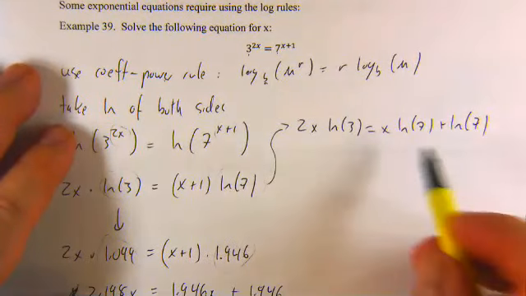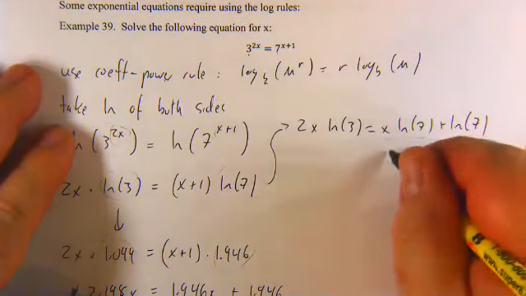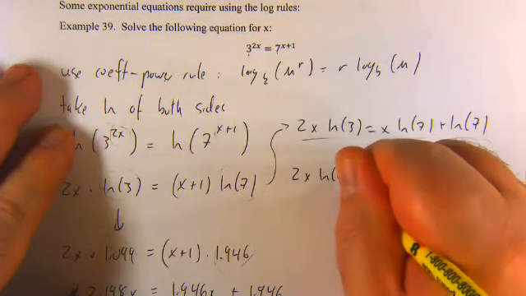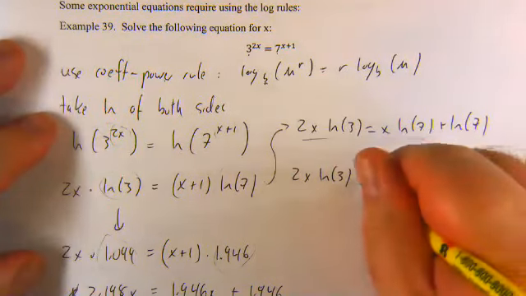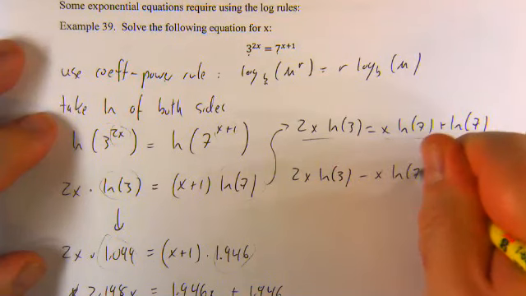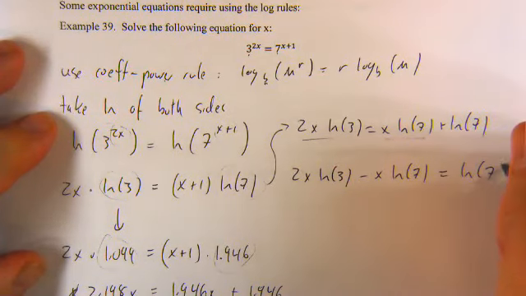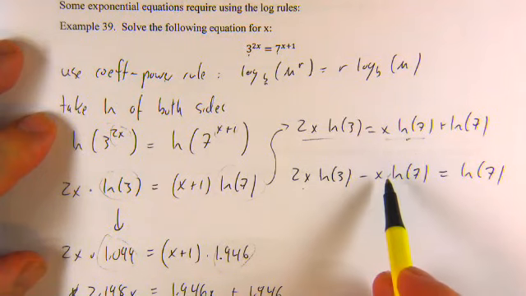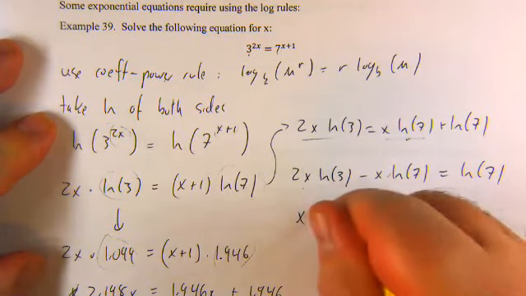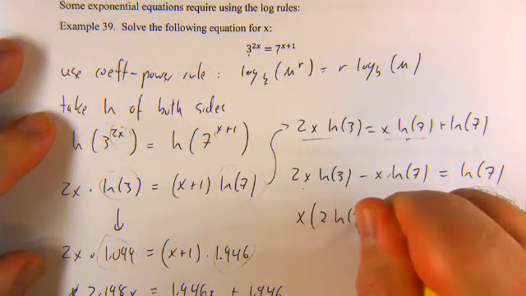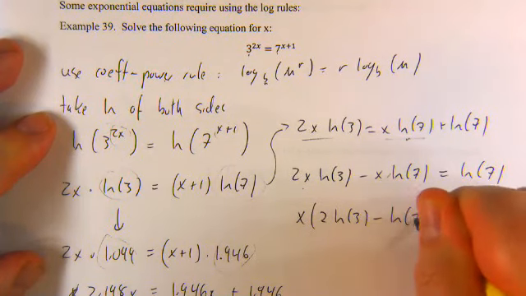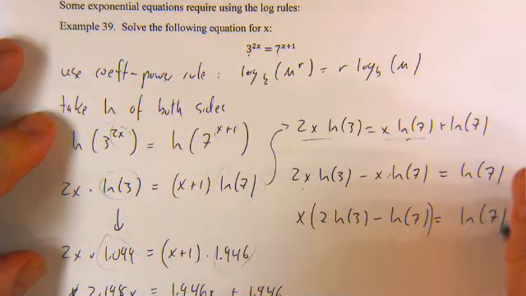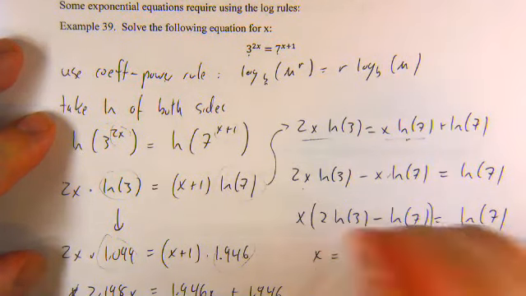I want to subtract this from both sides, and that'll give me 2 x log of 3 minus x log of 7 equals log of 7. And now both of these terms have an x in them, so I can factor out the x. And now divide through.